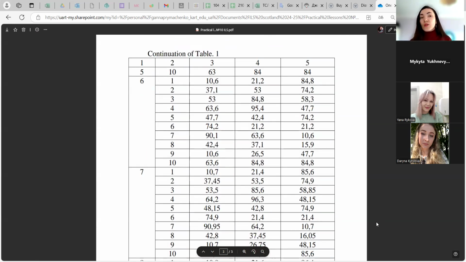Please remember that the second column is the number of the store, the third column is coordinate X, the fourth column is Y, and the last column is about how much cargo every store needs. Yana, please take a screenshot or photo of your variant 6. Darina, what is your variant?